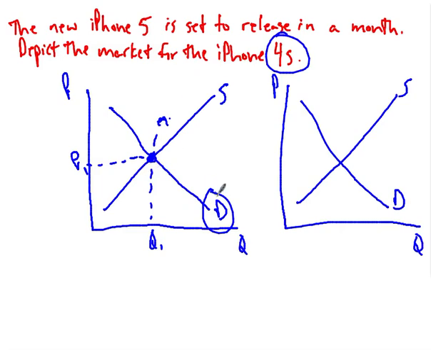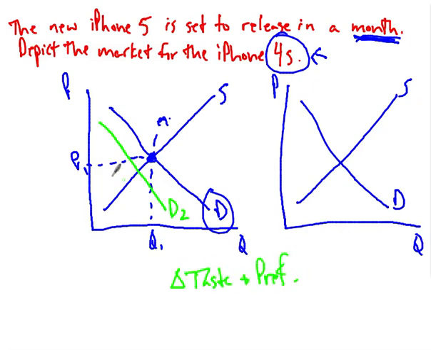In terms of demand, if you're in the market for a smartphone and you like the iPhone, are you going to buy an iPhone 4S right now, or wait a month? Typically, most people will wait a month because it's the new technology. You want the newest and the best. So the demand for the iPhone 4S is going to shift back to the left because that is a change in tastes and preferences.